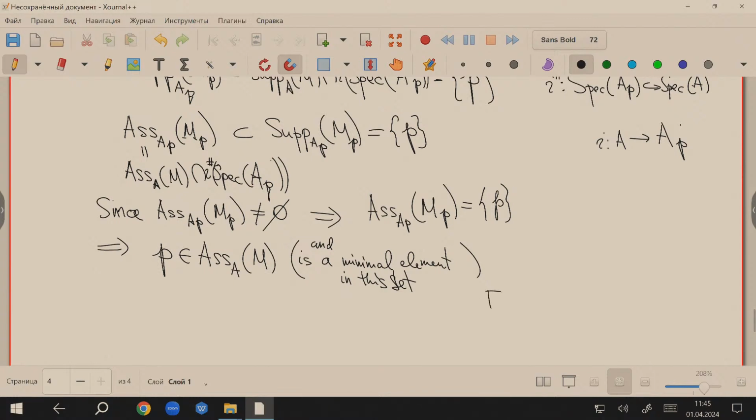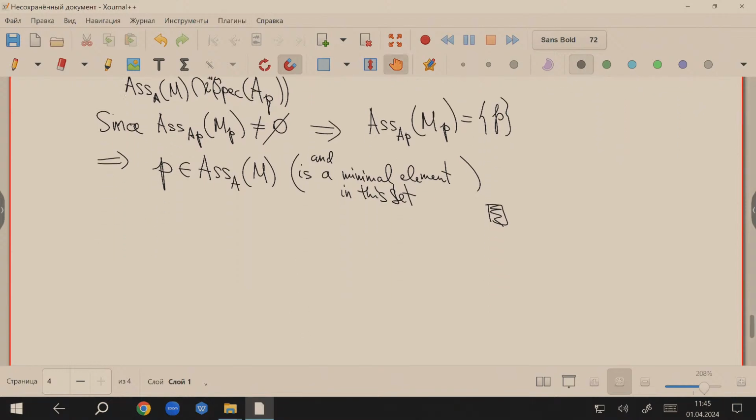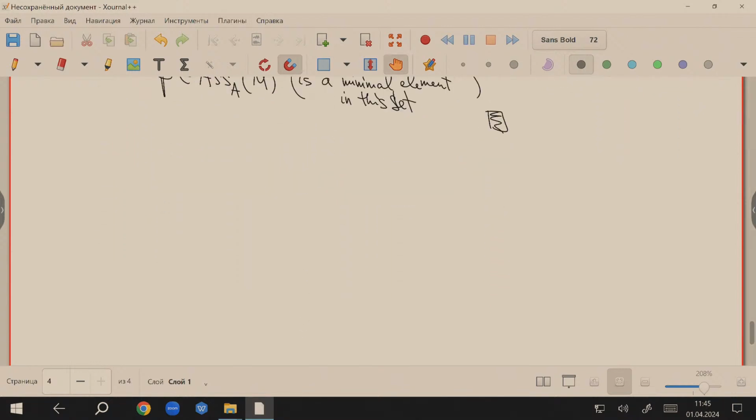So now what about finiteness of the set? So now we shall notice that the set of associated prime divisors is finite. Yes, and this is now on the assumption that M is Noetherian. So M is Noetherian.